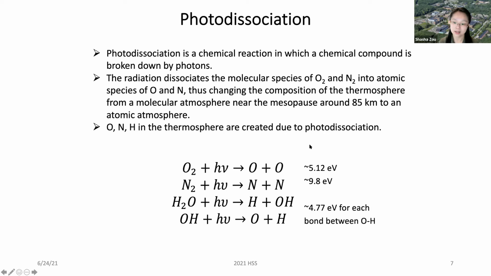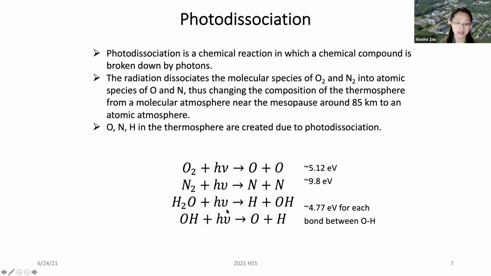So on the right, I marked some of the typical energies that they need to absorb in order to dissociate the molecular species. So you can see here some of the major molecular species in our atmosphere, O2, N2, H2O, and they can be photodissociated into the important atomic species O, N, and then H here.